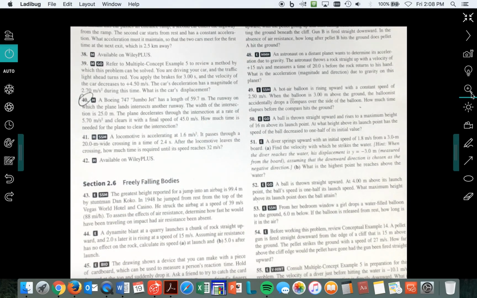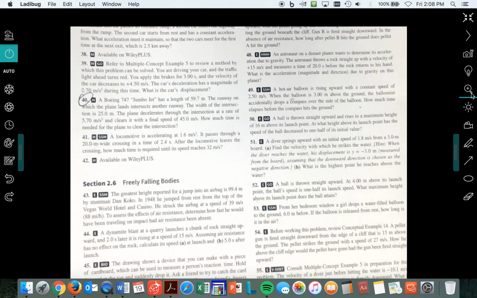The runway on which the plane lands intersects with another runway. The width of the intersection is 25 meters. The plane decelerates through the intersection at a rate of 5.7 meters per second squared. That will smash you into your seat. I mean, that'll make you put that seatbelt on. But anyway, it clears it with a final speed of 45 meters per second.